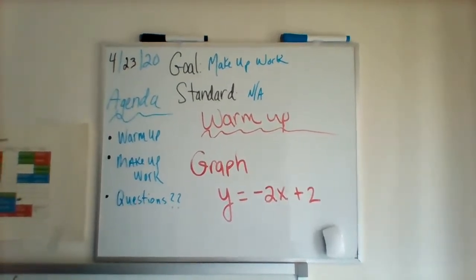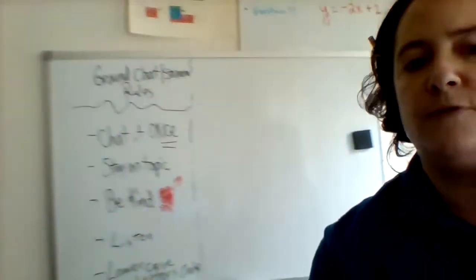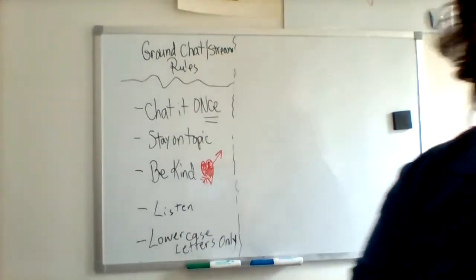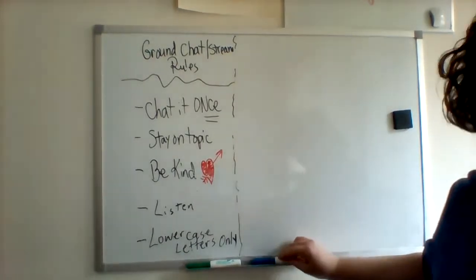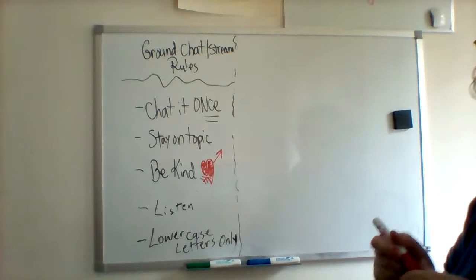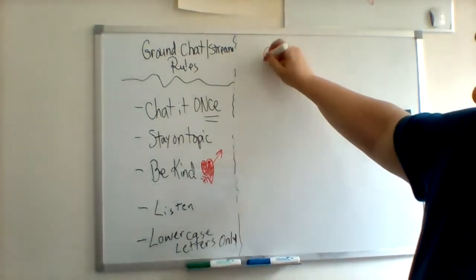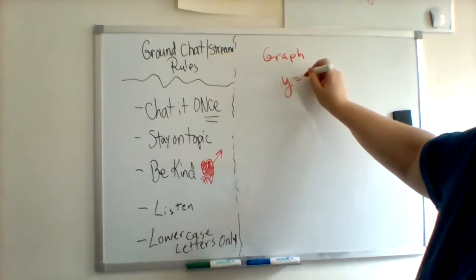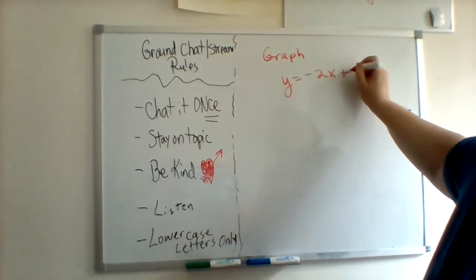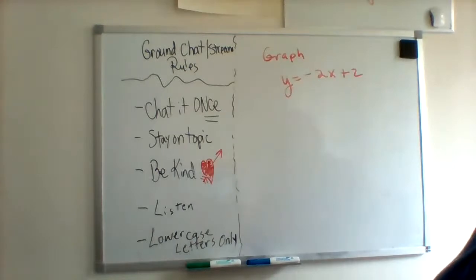So let's get started with the graph and then get you set up on what you need to finish up. We are supposed to be graphing y equals negative 2x plus 2. All right, so talk to me.